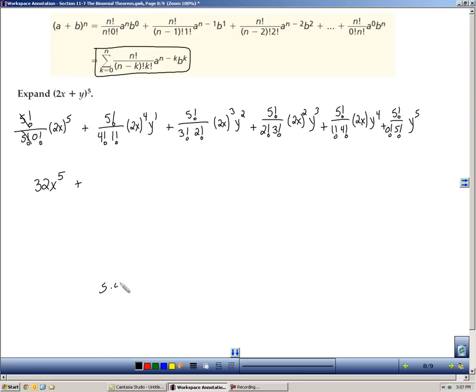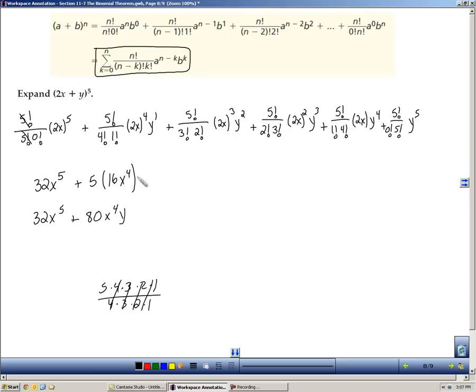Well, you know 5 times 4 times 3 times 2 times 1 over 4 times 3 times 2 times 1 will cancel everything except the 5. So this will be a 5 times 2 to the 4th power, which is 16 x to the 4th, and we'll further simplify that to be 80 x to the 4th.